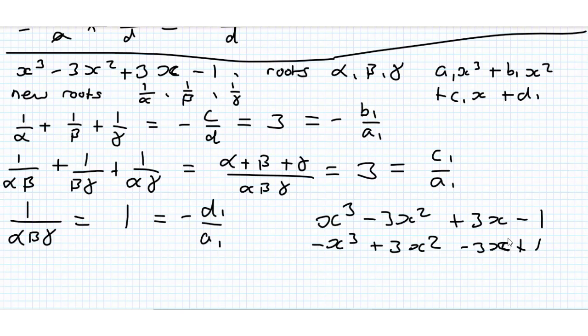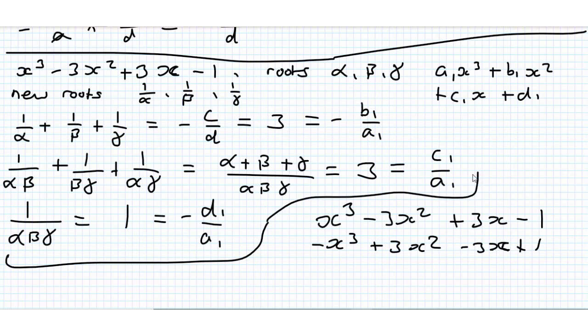Okay, but the point I want you to take from this video is this: just try to be flexible and use what you already know about the combination of roots, whatever your new roots are, and then write the sums of your new roots, the sums of pairs of your new roots, and the sums of triples, or in other words the product of all the roots, for cubics or quartics.